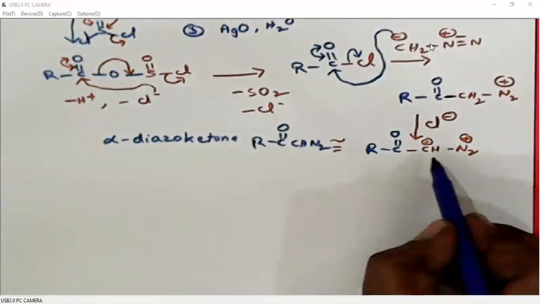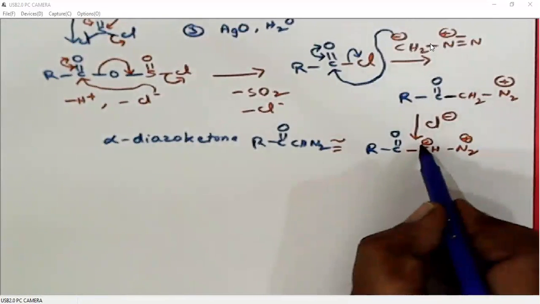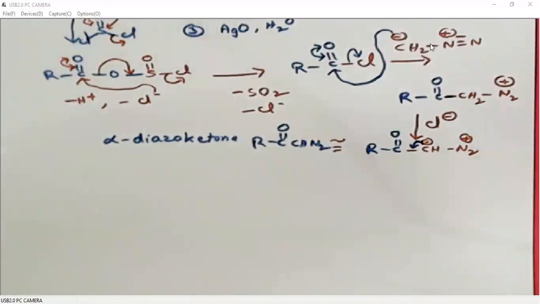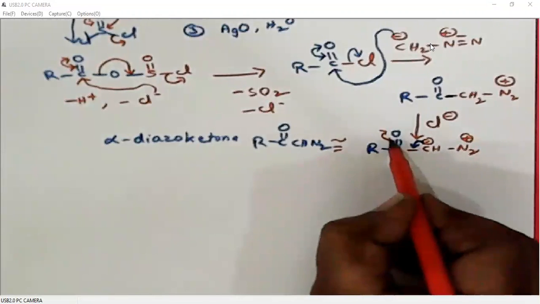So when this diazoketone, the negative charge on carbon can be polarized towards the carbonyl. So first C double bond O will polarize towards oxygen, then again it will form.